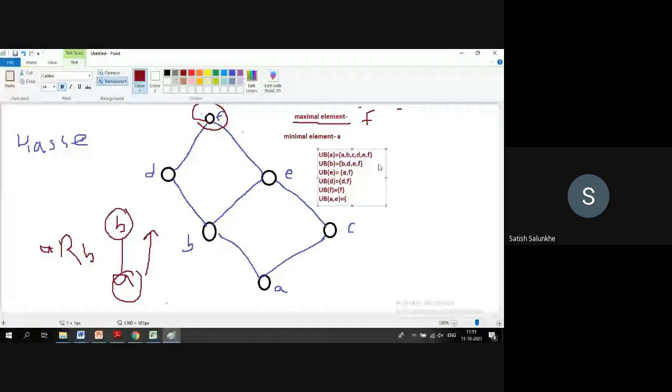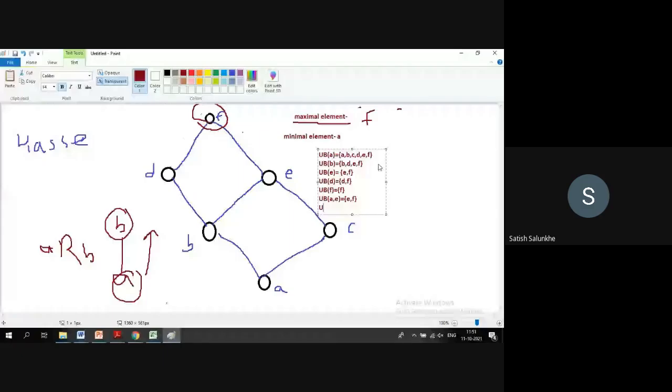If I want to find the upper bound, it is E, F. You may have a situation where I want to find the upper bound of F and C. In that case, it is only F.